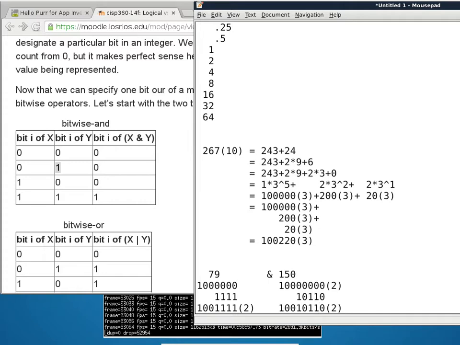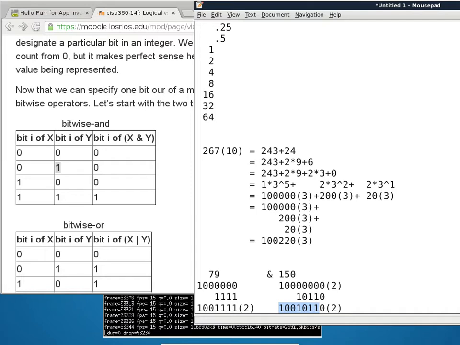Okay, let's look at this number and see if it makes sense. Now we look at this part here and ask, is that 75? Because the 0 on the right-hand side basically means times 2.